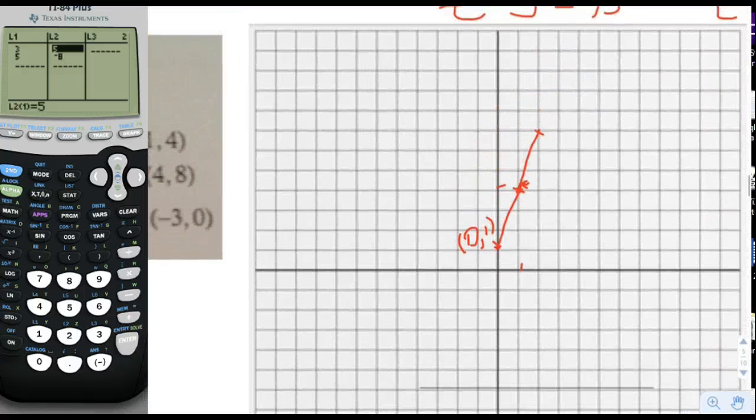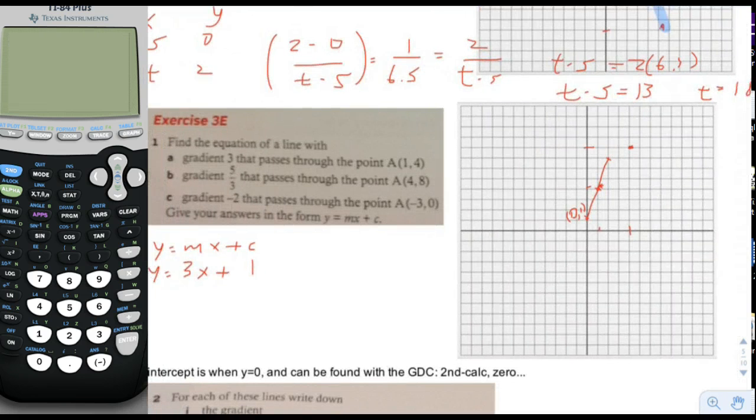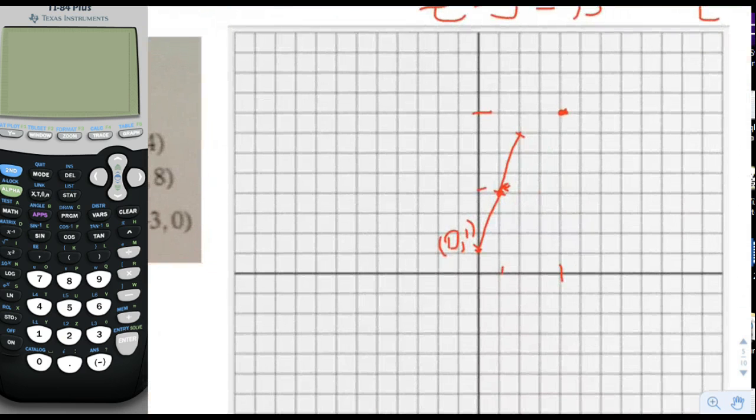So (4, 8) would be here. I'm just going to show you these by graphing, because a lot of these you can do by graphing. So (4, 8), and then the slope is 5/3, rise 5, and run 3. So let's see how that looks. Rise 5, run 3. Rise 5, run 3.